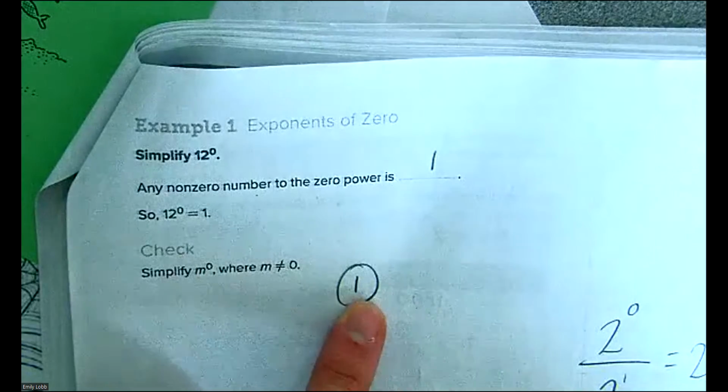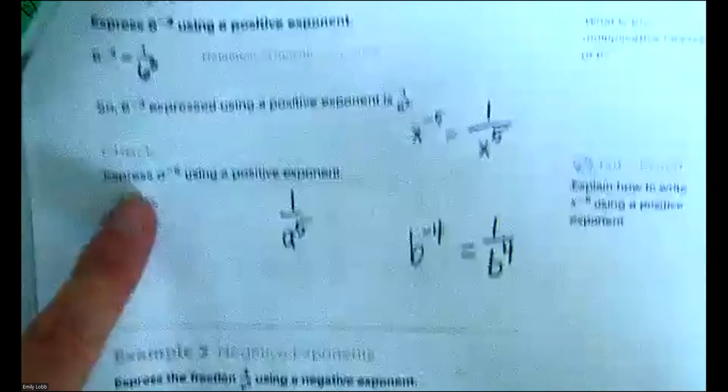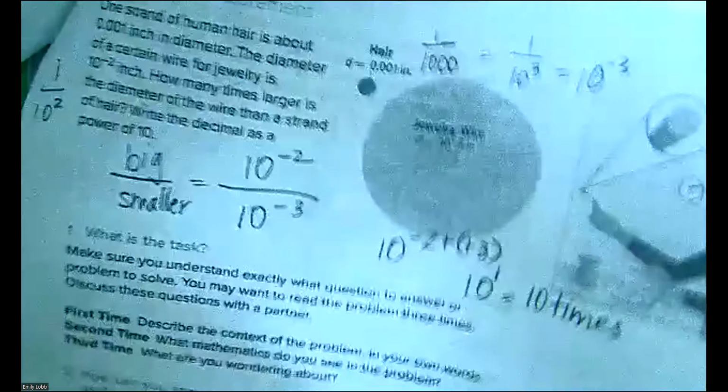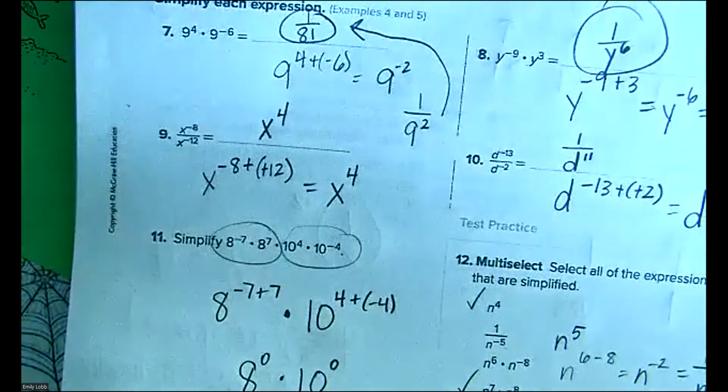Anything to the power of 0 is 1. That's page 35 here as we're moving through. Negative exponents have to be flipped. You should be able to reverse it either way. And then your last two pages, 41 and 42, you should have those completed.